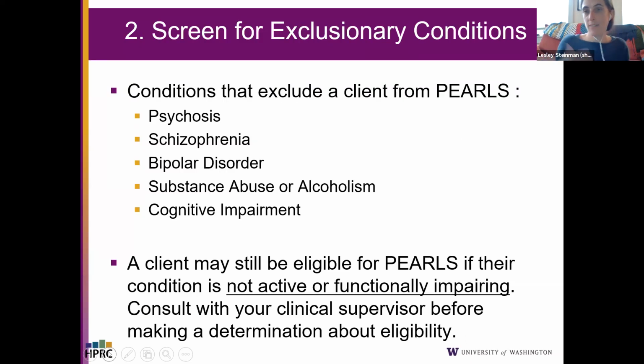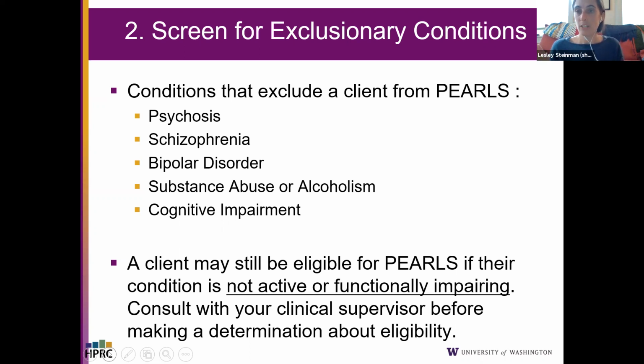So now that you've identified that somebody has clinically significant depression, you need to make sure that they don't have any conditions that may exclude them from PEARLS. These are the conditions we ask about: psychosis, schizophrenia, bipolar, substance abuse or alcoholism, and cognitive impairment.